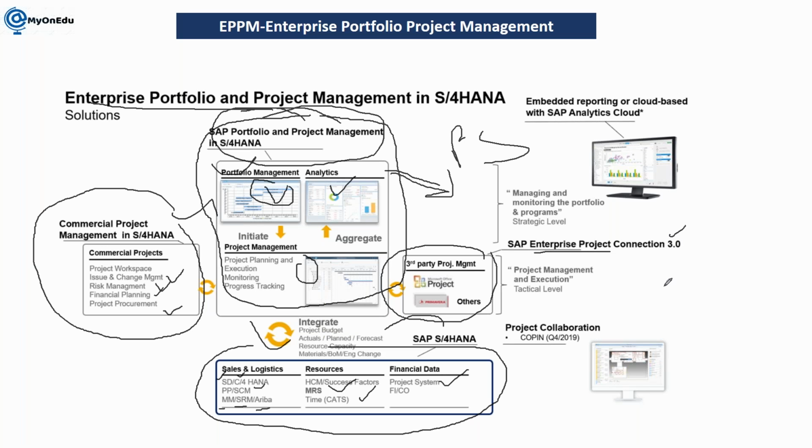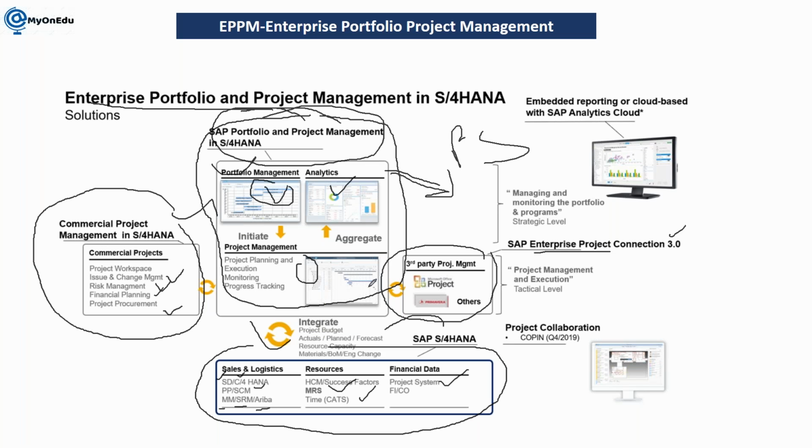It helps us integrate your Primavera or MSP system with your project system. Let's say in some organizations SAP is implemented, but their vendors and contractors are still working on Primavera or MSP. If you want to update your data into SAP based on the sheets provided by your contractor, you can achieve that through EPC, Enterprise Project Connection.